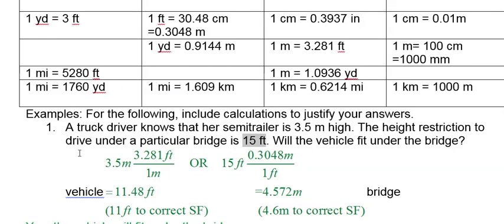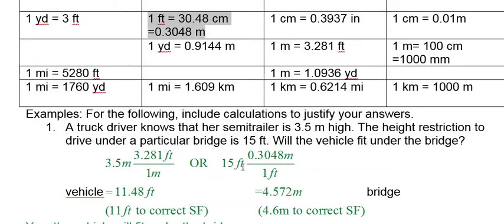So we can either, right, I've got a big or in there for a reason, take our 3.5 meters, and then we see that if we're looking to convert meters to feet, 1 meter is 3.281 feet. So meters cancels meters, we're left with 11.48 feet. On the other side, you would do one or the other of these, not necessarily both. If you prefer it, take that feet and convert it to meters, and I actually used this version right here.